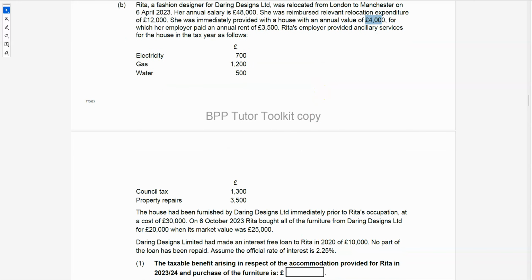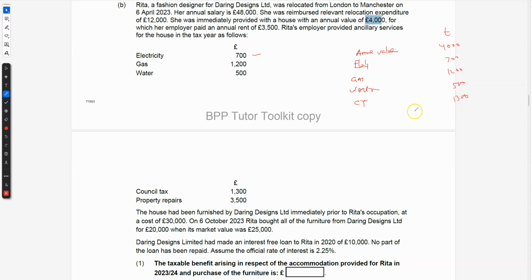So we said annual value 4,000, then all the expenses paid by the employer: electricity 700, then gas 1,200, water 500, council tax 1,300, property repair 3,500. So anything paid by the employer, we have to take everything.